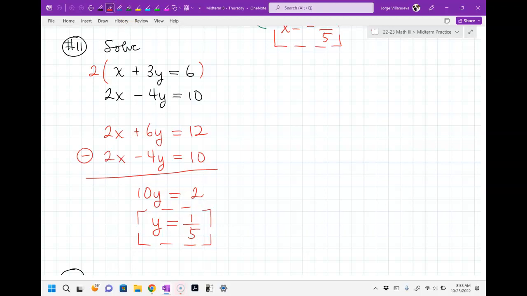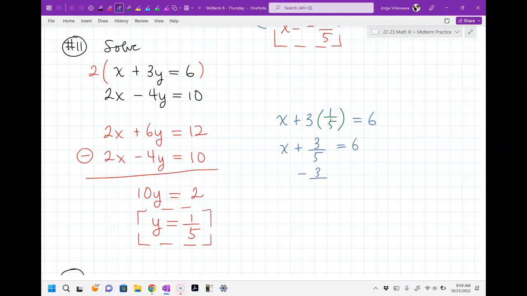Now, I got to plug in my y value into one of those two equations, the top or the bottom, the ones in black. So since the one in black looks easier, let me plug it into that one. So x plus 3 times y is 1/5. I mean, right now I'm the one doing the work, so you don't have to really worry about it. But we got x plus 3/5 equal to 6.